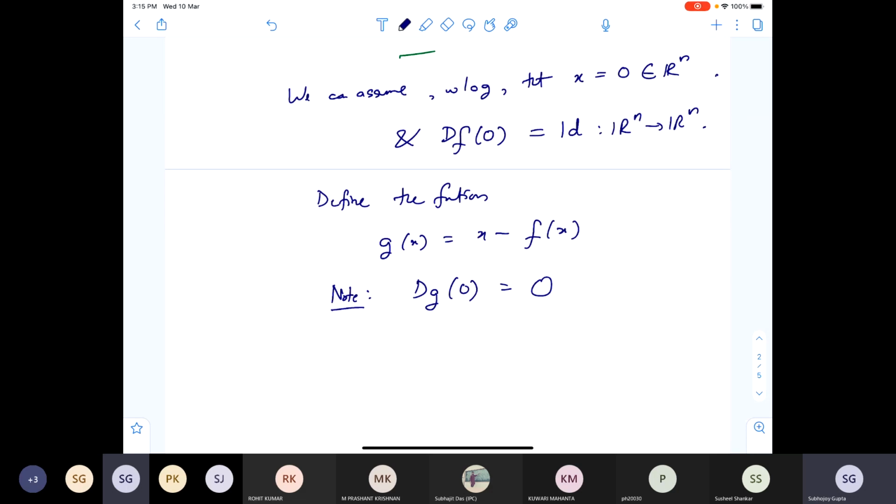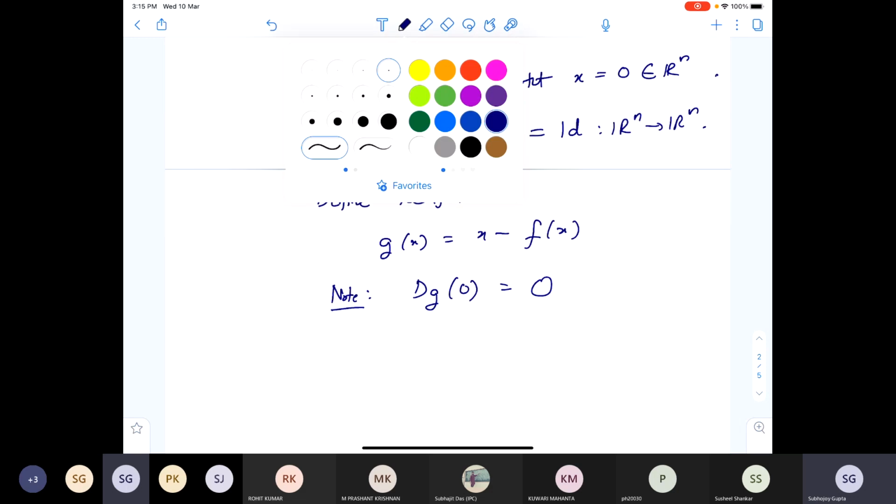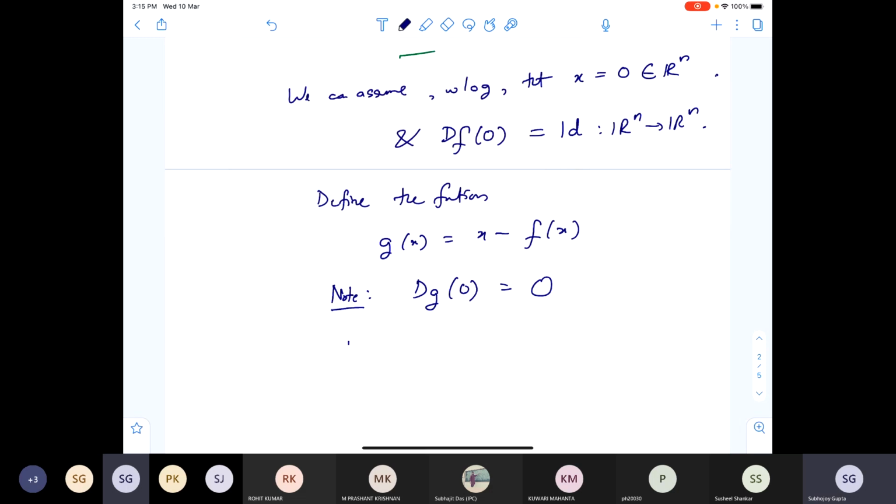In particular, the norm of the derivative, which you can define in various ways, and let me not go too much into that. You can think of it as squaring all the entries of the matrix, summing them up and taking a square root.